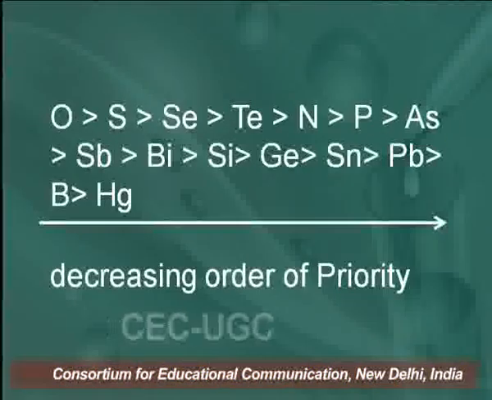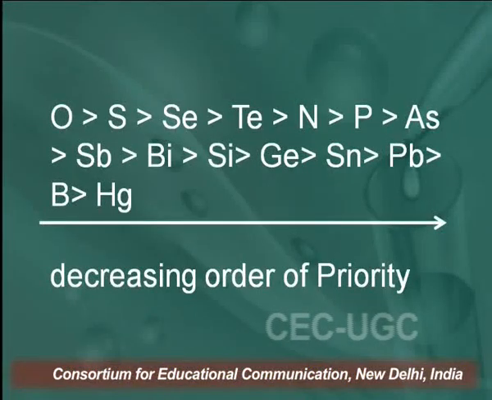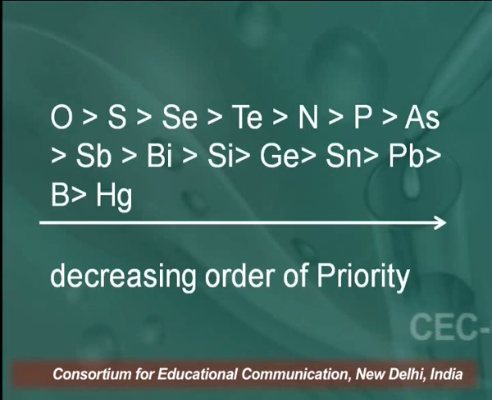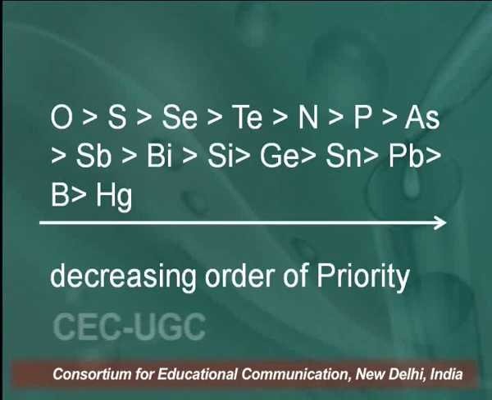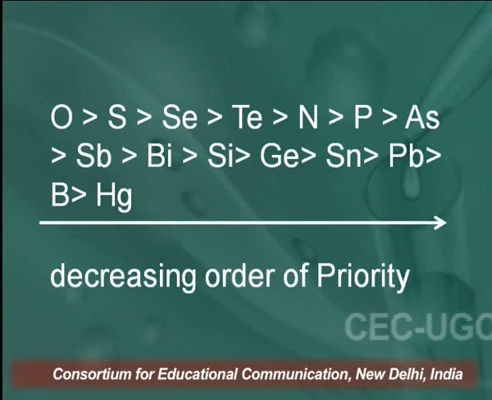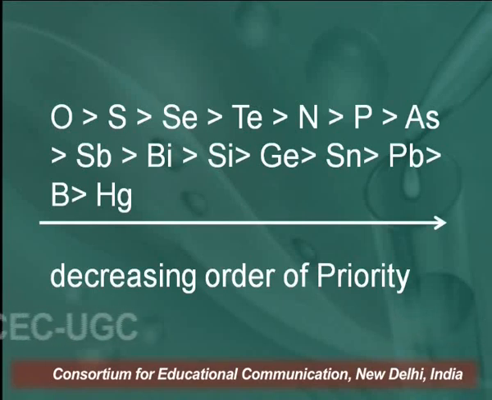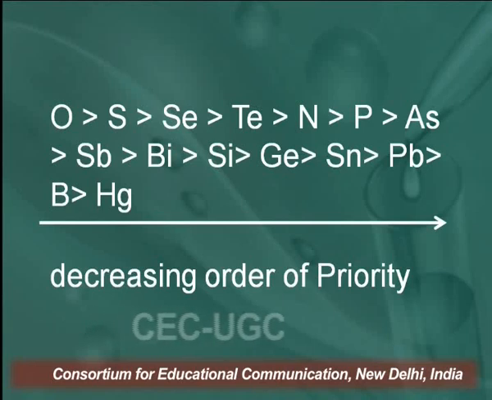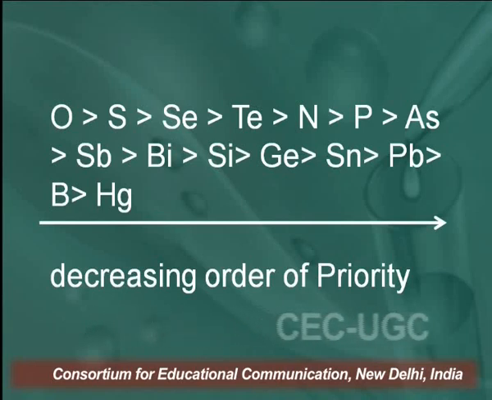Learners, this is the priority order if the heterocyclic ring contains more than one heteroatom: oxygen, sulfur, selenium, tellurium, nitrogen, phosphorus, arsenic, antimony, bismuth, silicon, germanium, tin, lead, boron and mercury. It is a decreasing order of priority.